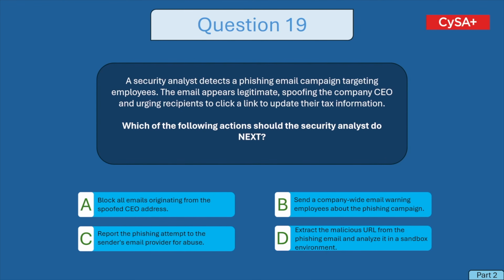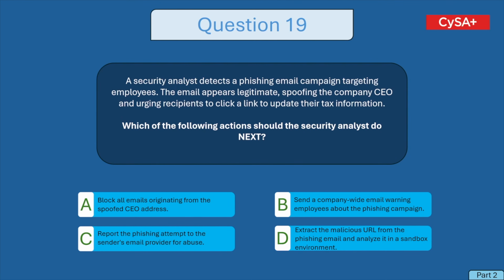A. Block all emails originating from the spoofed CEO address. B. Send a company-wide email warning employees about the phishing campaign. C. Report the phishing attempt to the sender's email provider for abuse. Or D. Extract the malicious URL from the phishing email and analyze it in a sandbox environment.